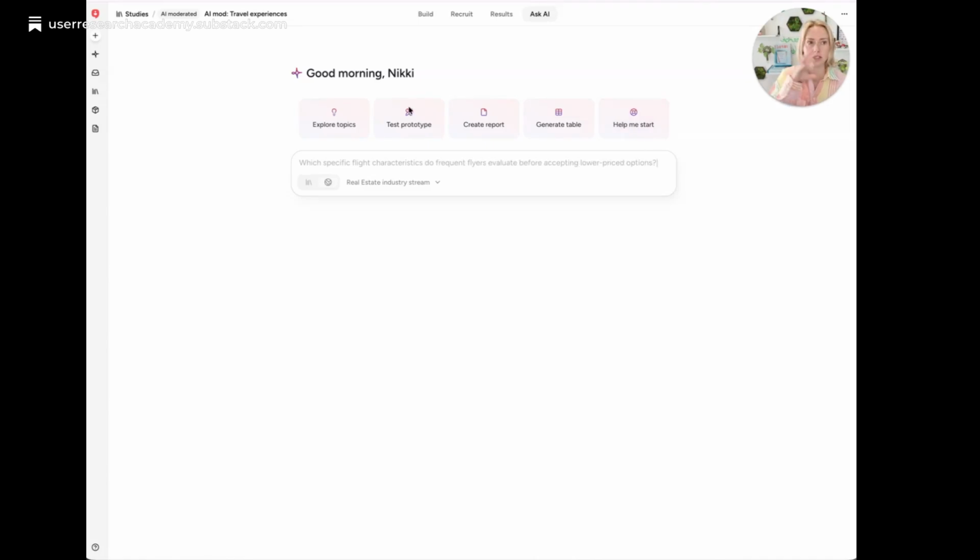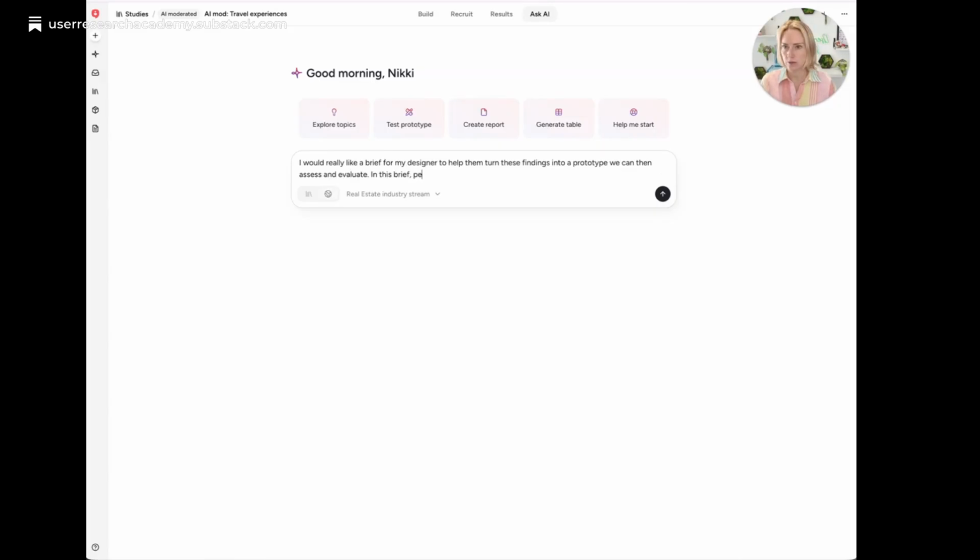The first one is the designer brief. Imagine we've done research, we're looking into a study for travel experiences, asking AI to help us out. If we were to do a designer brief and we wanted to prompt ourselves, we would say something like, I would really like a brief for my designer to help them turn these findings into a prototype we can then assess and evaluate.